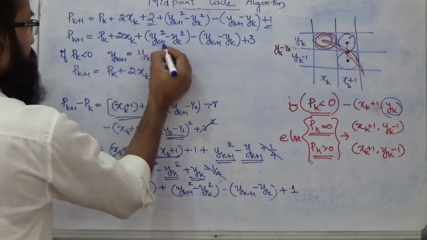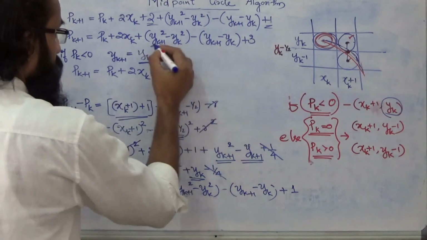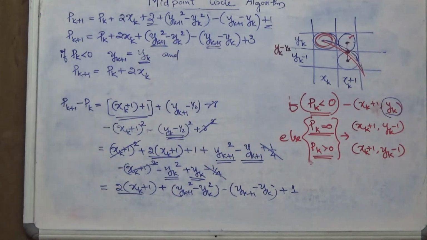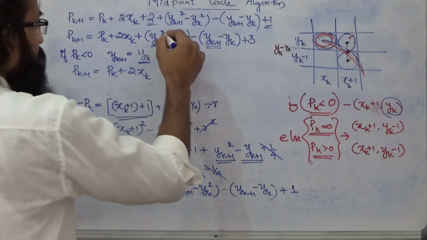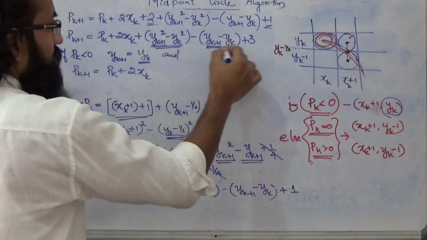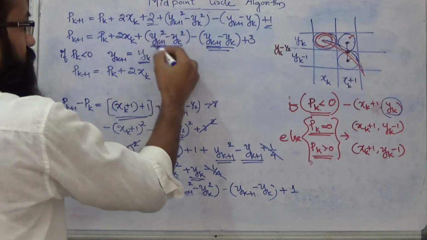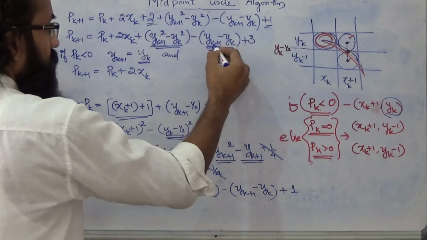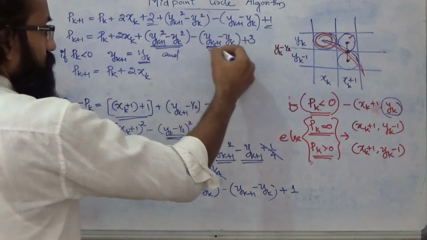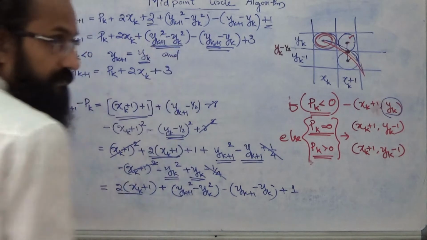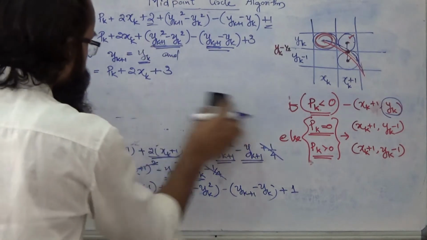You can replace this yk+1 with yk. So what happens is this term becomes 0 and this term becomes 0. So this will become yk², so this will get 0. This yk+1 gets yk, so this will become 0. So pk plus 2xk plus 3. So that will be the result.